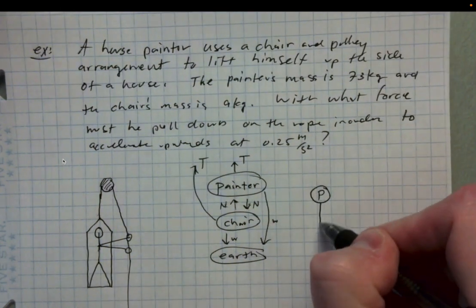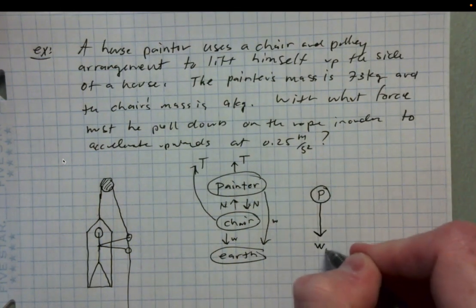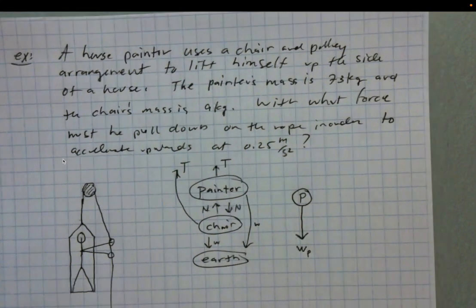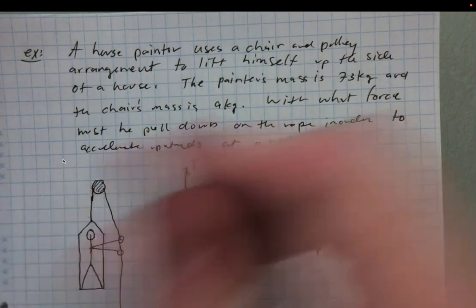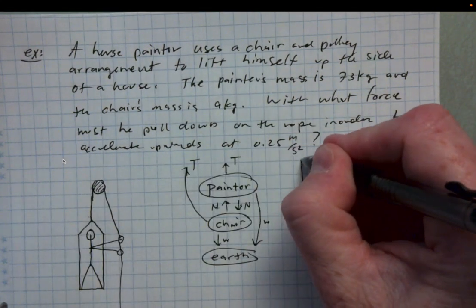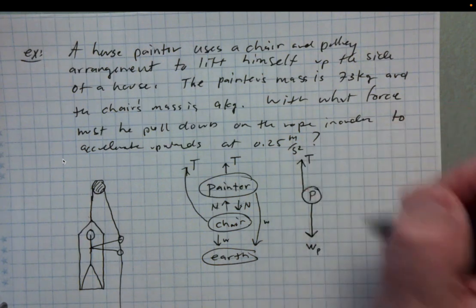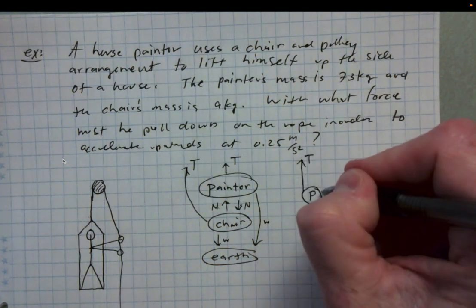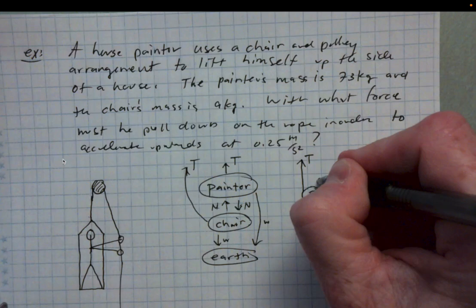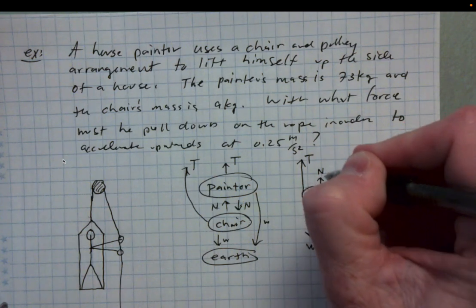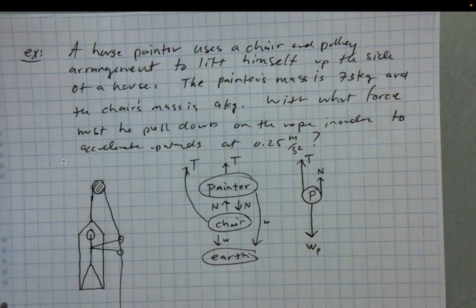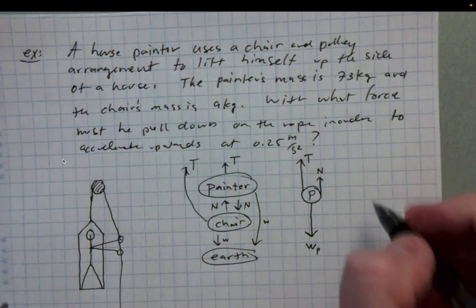You've got the weight pulling the painter down, which I'm going to denote with a P. And then you've got the tension in the rope holding the painter up. And you've also got the normal force between the chair and the painter pushing the painter up. Chair pushes back on the painter, painter pushes down on the chair. That's what's happening with the painter.